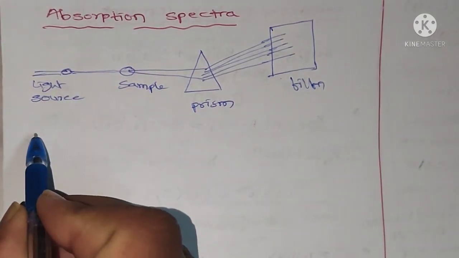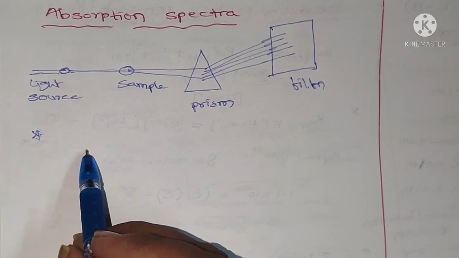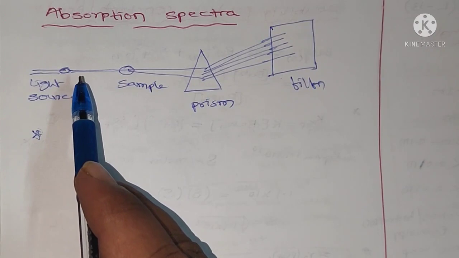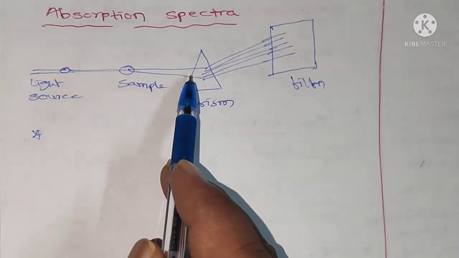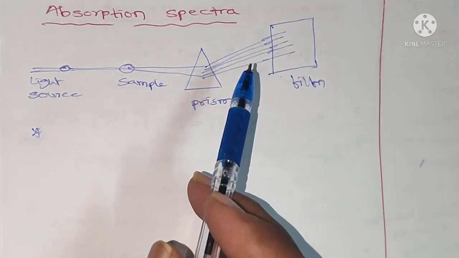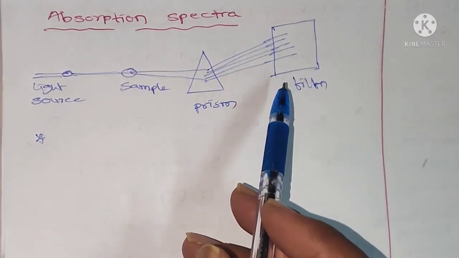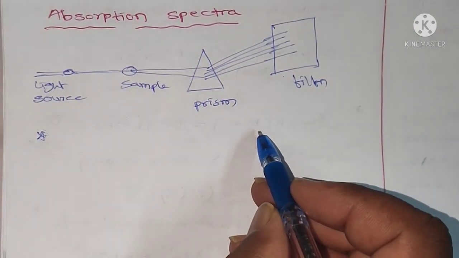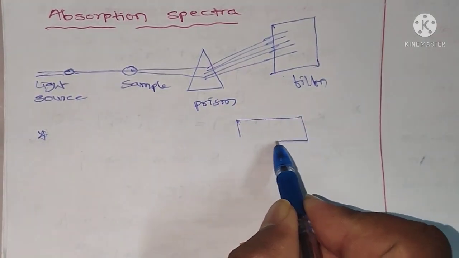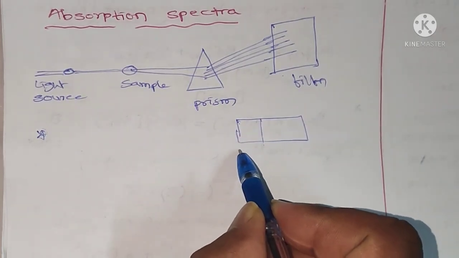Here atoms or molecules or ions absorb certain wavelengths of radiation, and the remaining wavelengths of radiation give a spectrum with the absorbed radiation as dark space in the spectrum, called the absorption spectra. So if you see that absorption spectra, here this is the dark space.